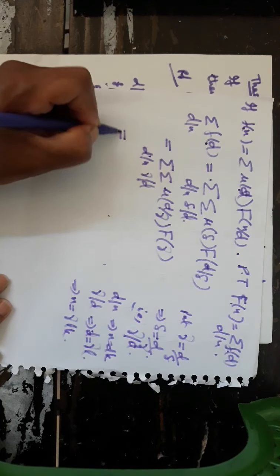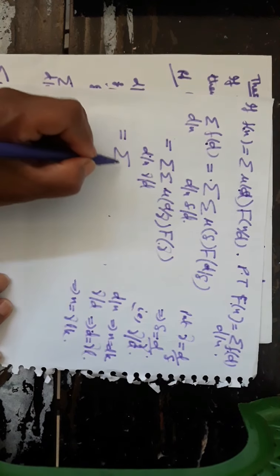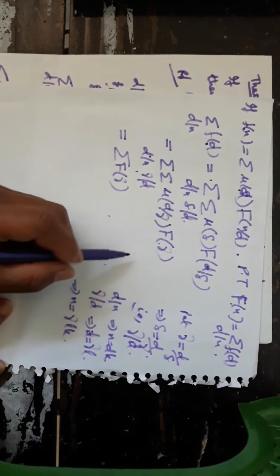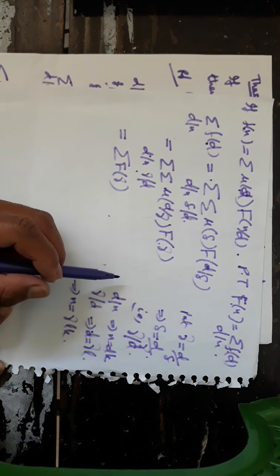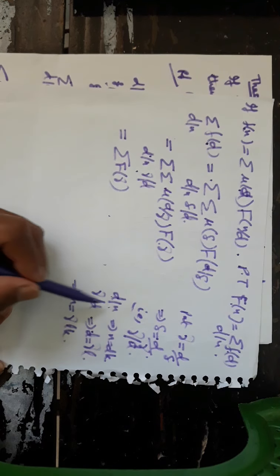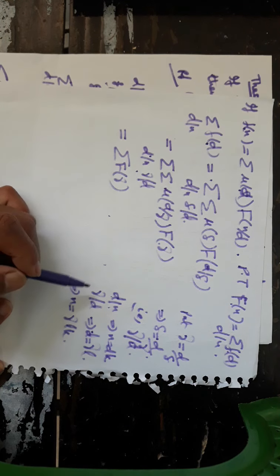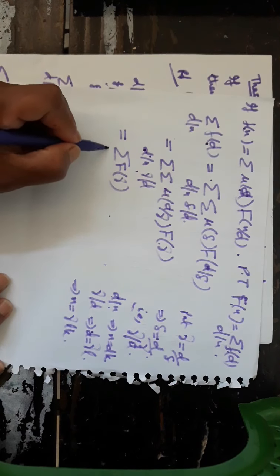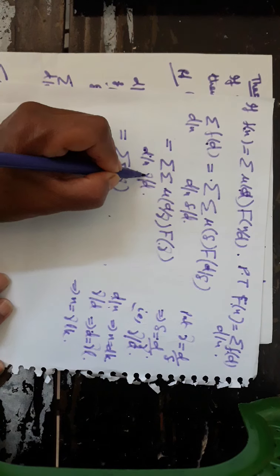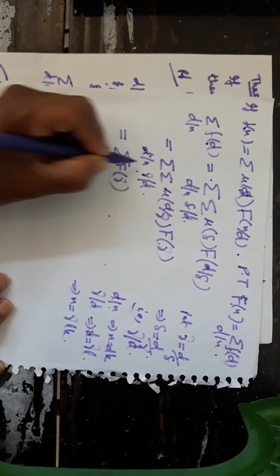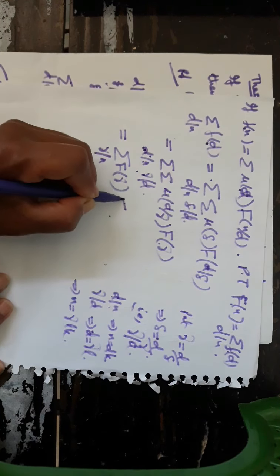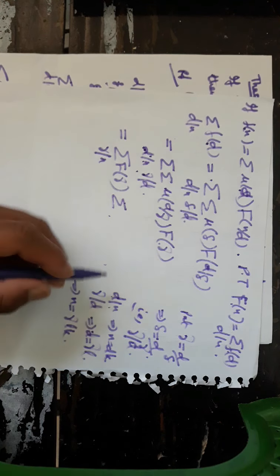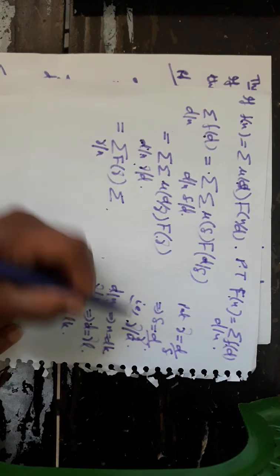So therefore this summation, now we can write it as summation of F of gamma, where we can interchange the summation. Instead of d dividing n, you write gamma divides n, and the other summation, d by gamma divides n by gamma.